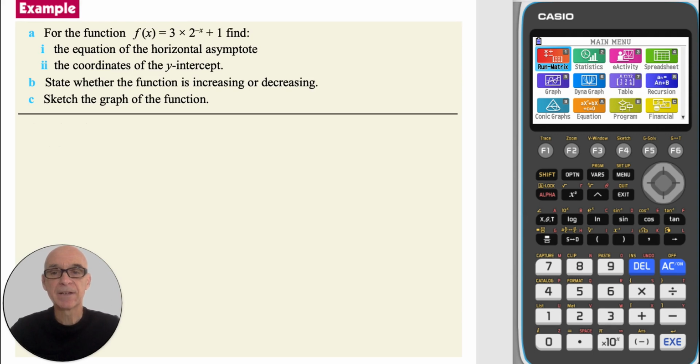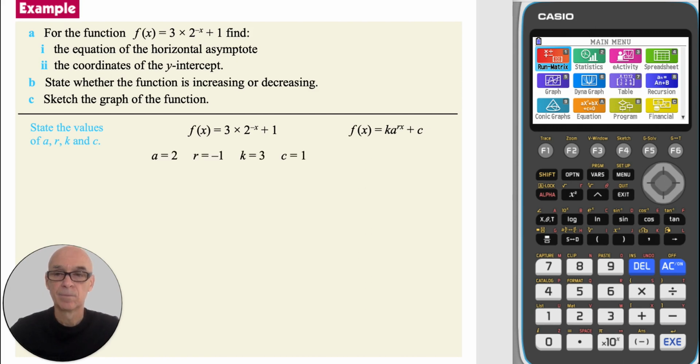In part A of this question, you're first asked to find the equation of the horizontal asymptote. If we begin by stating the values of a, k, r, and c, which are 2, -1, 3, and 1, and then use the formula for the equation of the horizontal asymptote, which is y is equal to c.